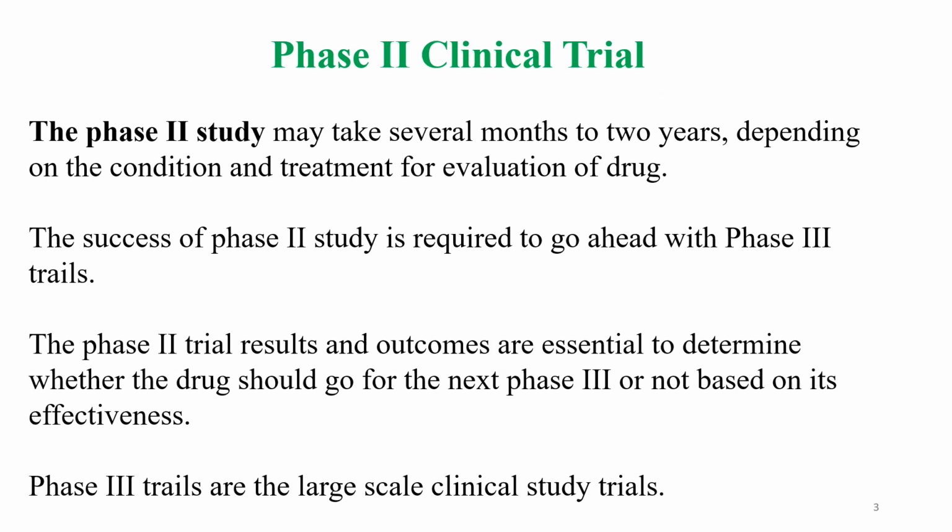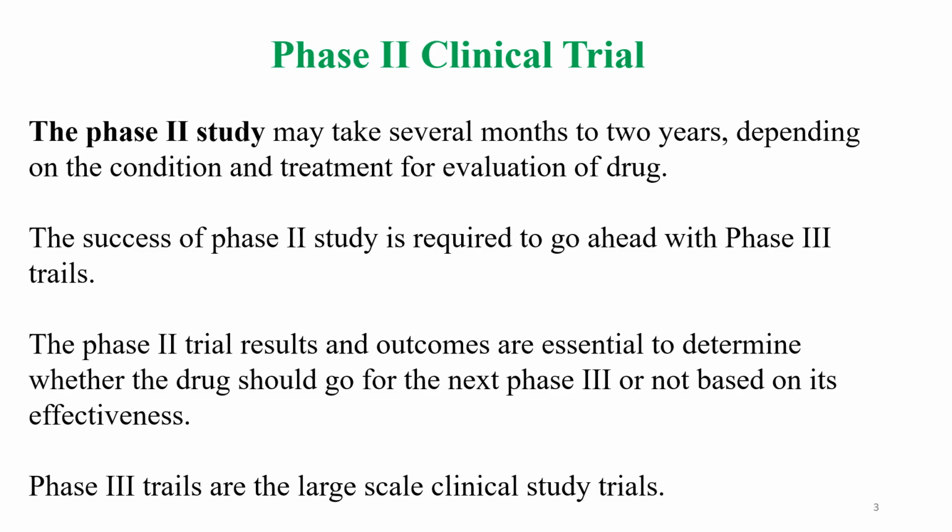Coming to the phase 2 clinical trial, the phase 2 study may take several months to 2 years and more, depending on the condition and treatment for the evaluation of the drug. The success of the phase 2 study is required to go ahead for the phase 3 trials.